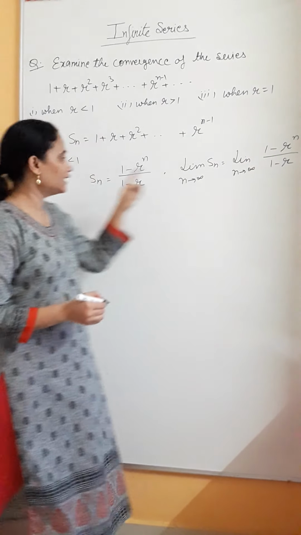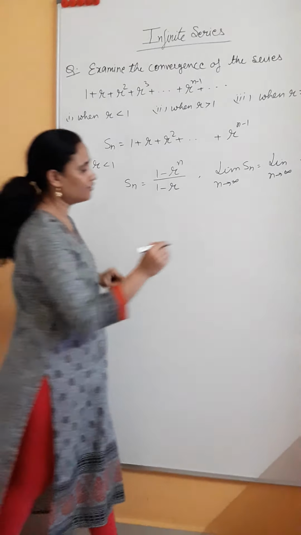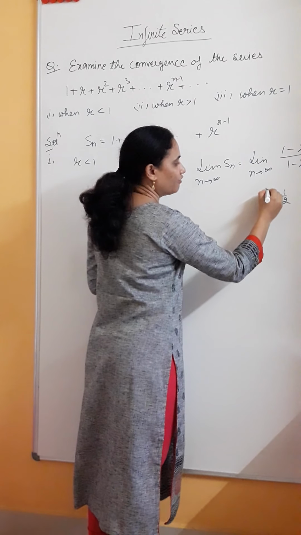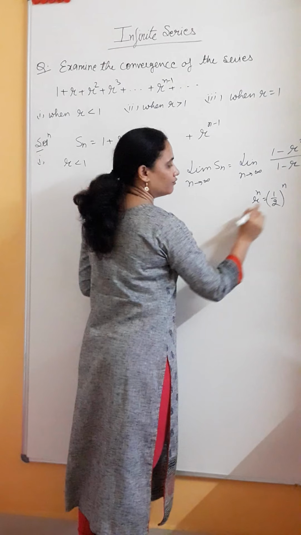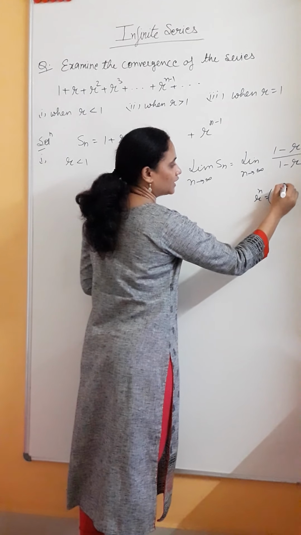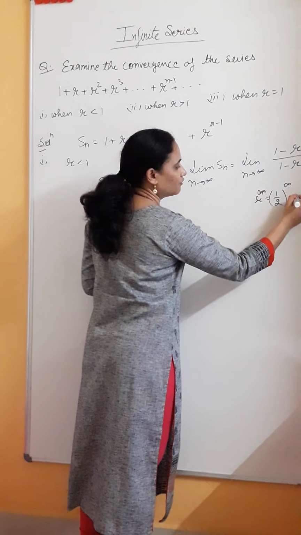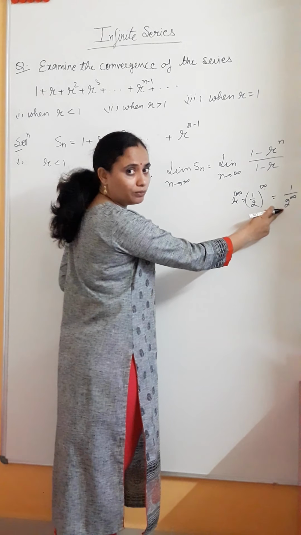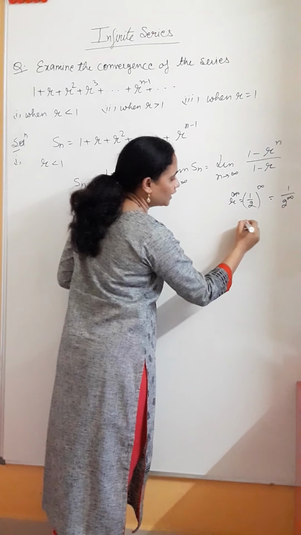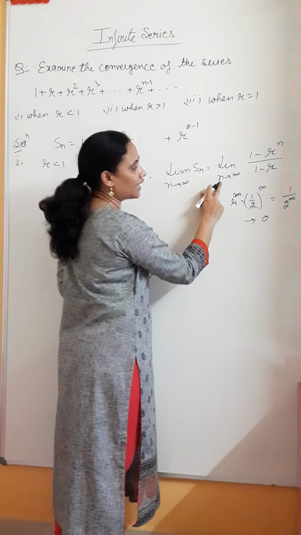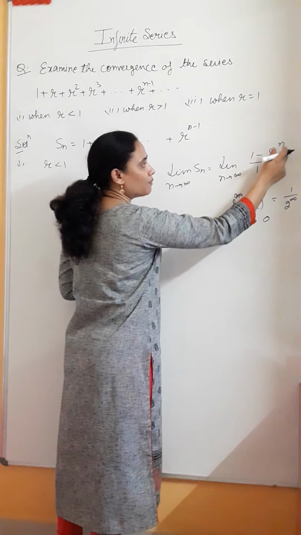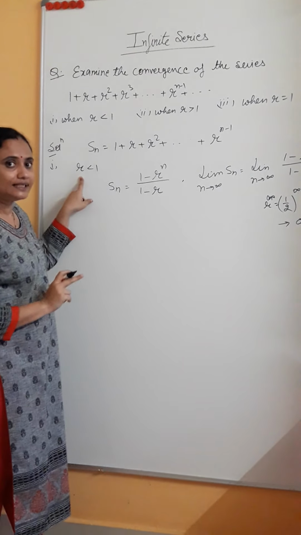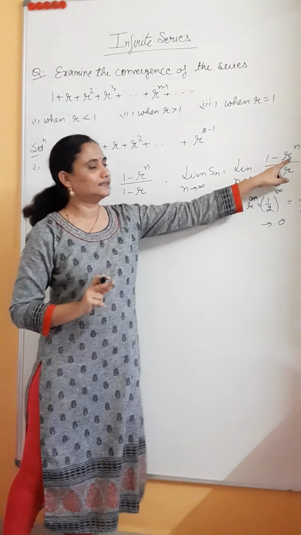When r is less than 1, for example if I take r equal to 1 by 2 and take power n to infinity, the value will be 1 to power infinity in the numerator, so the denominator will be very large, so it tends to 0. So when n tends to infinity, r power n tends to 0 when r is less than 1. For this case only, this tends to 0.